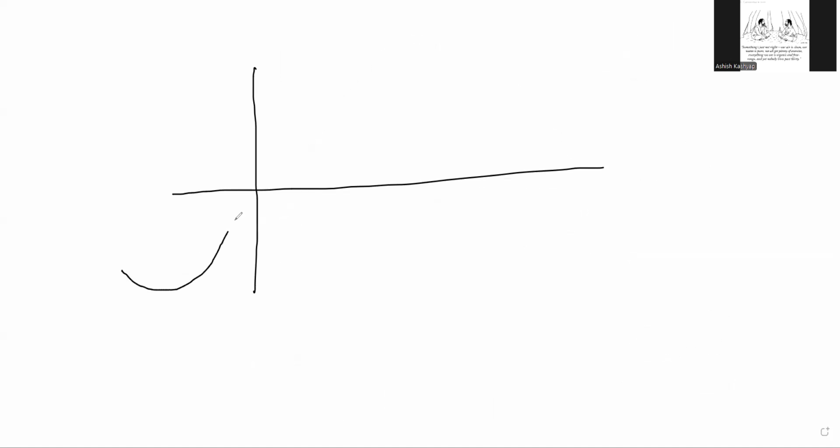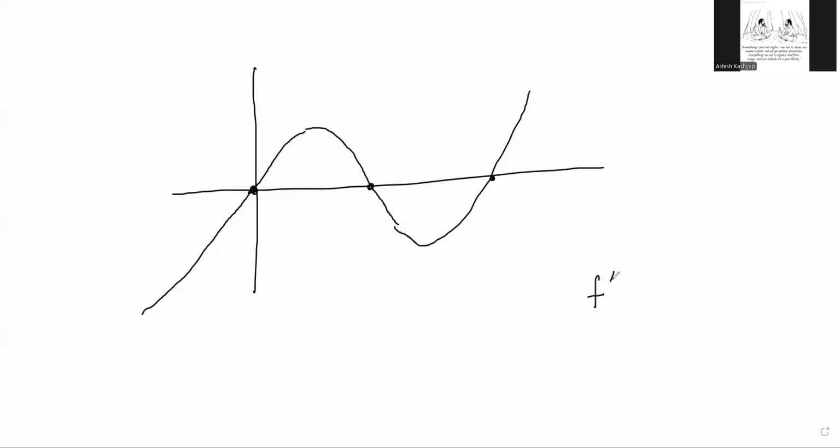In general, Rolle's theorem can be used for situations like this where you have cubics and all, for example. Cubics like this, let's say. So you can say that if your f of x is a cubic, this is a cubic equation.